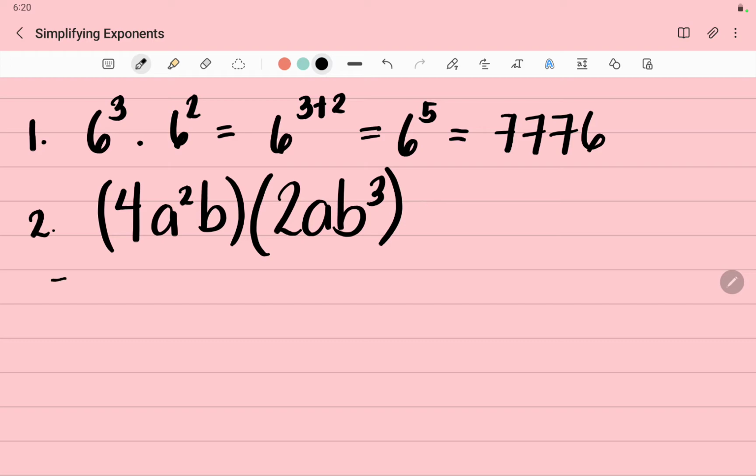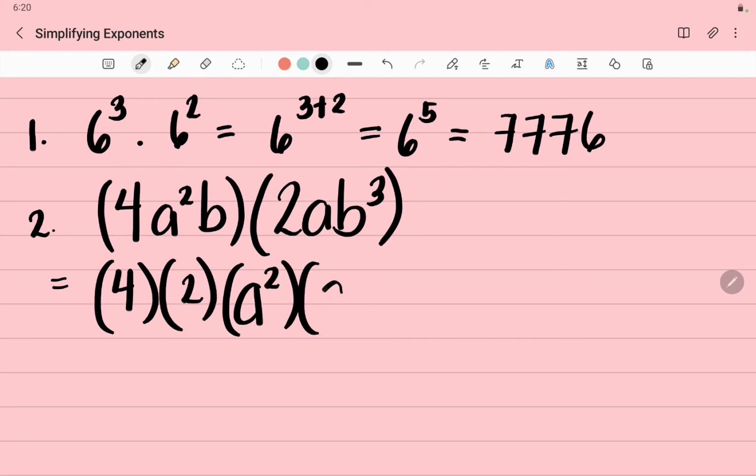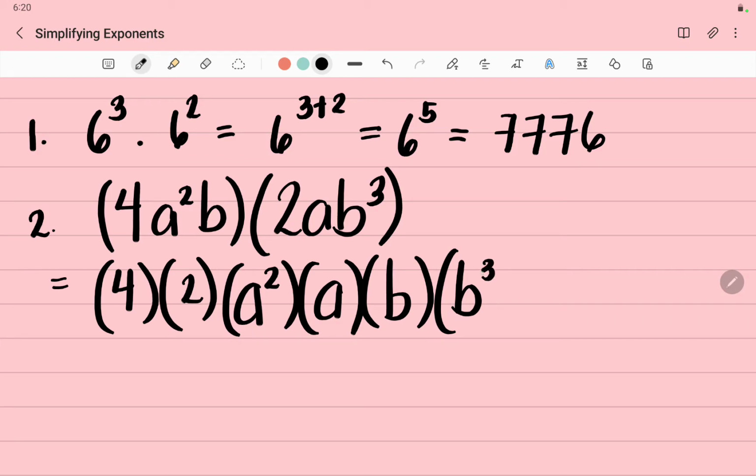So that is 4 times 2, a raised to 2 times a, and b times b raised to 3. So if you can notice, I multiply like terms. So we have now 4 times 2, 8.